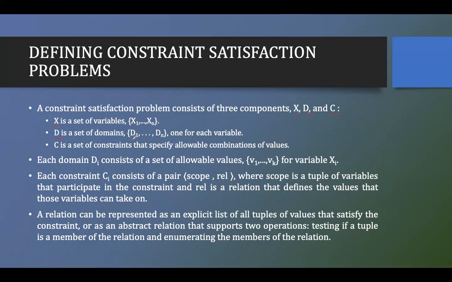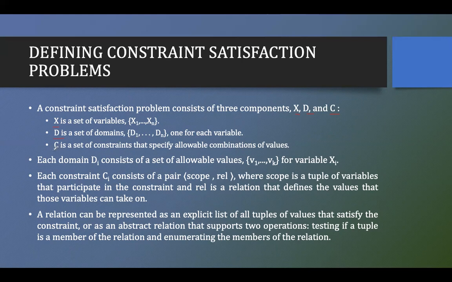Let's say we have a variable x and a variable y, and x has all values which are odd and y has all values which are even. These odd values and even values are the domains of those particular variables.